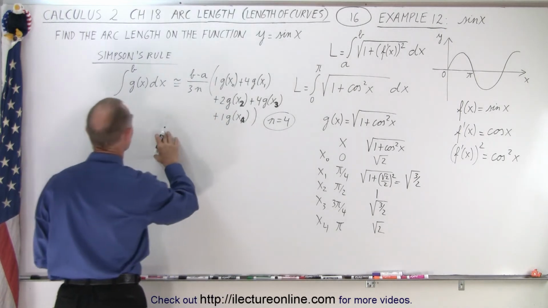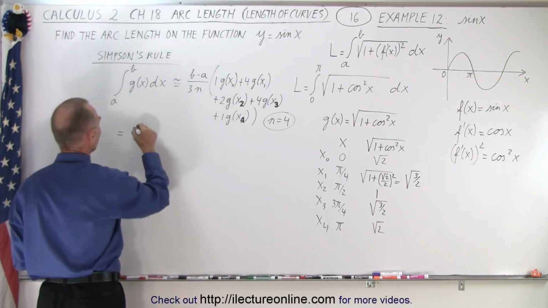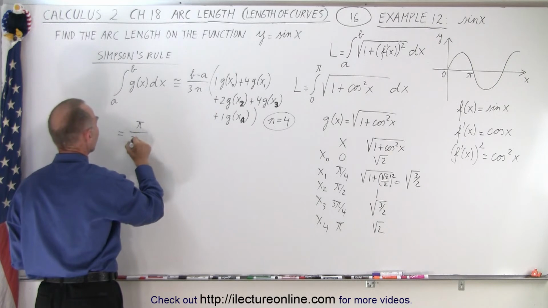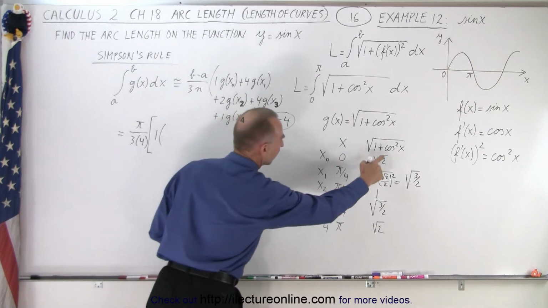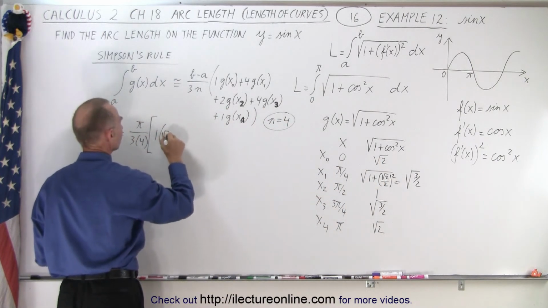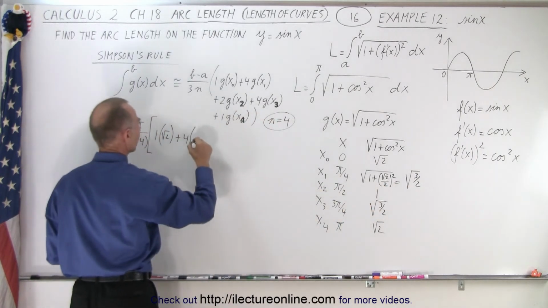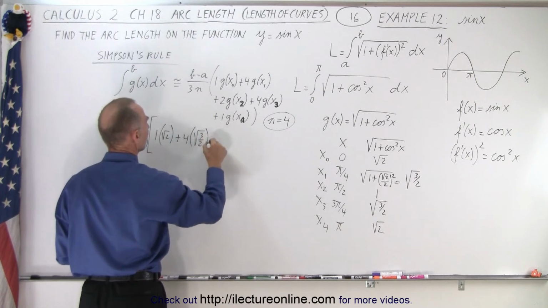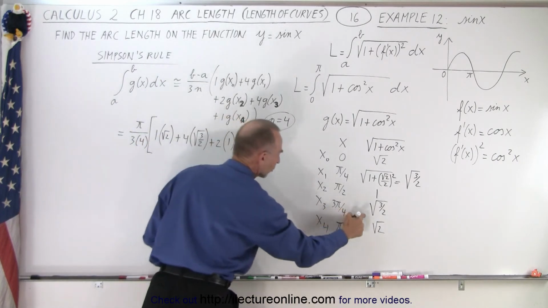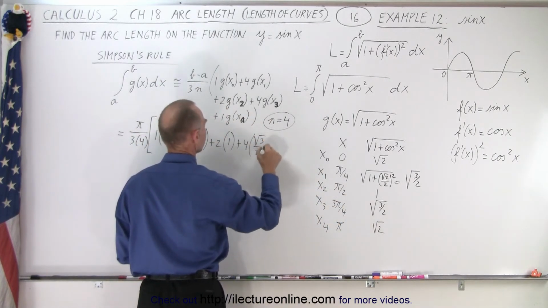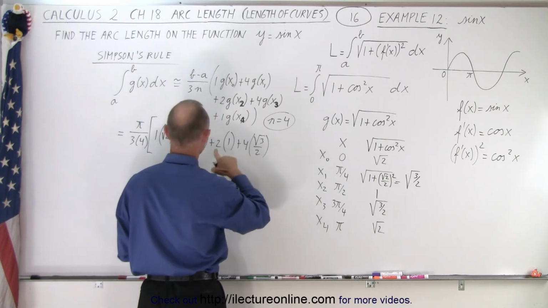Now we plug that into our Simpson's rule here. This would be equal to b minus a, so from 0 to pi, that would be pi divided by 3 times 4, times 1 times the value for the first one, which is the square root of 2, plus 4 times the square root of 3 over 2, plus 2 times 1, plus 4 times the square root of 3 over 2, and, oh, I need to include that.